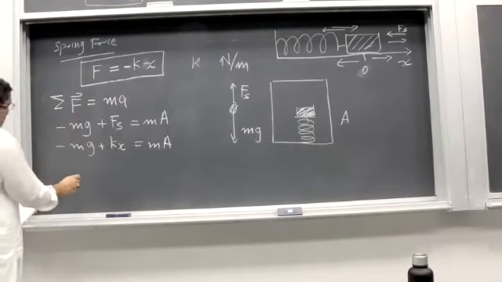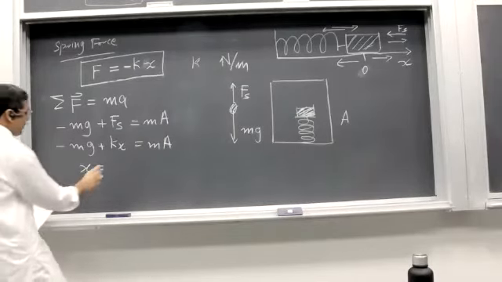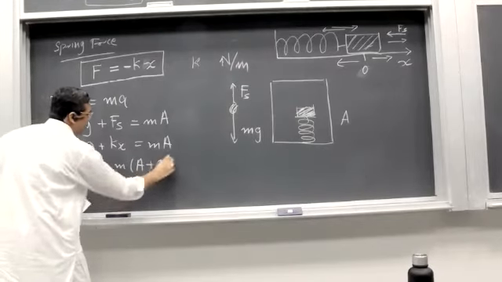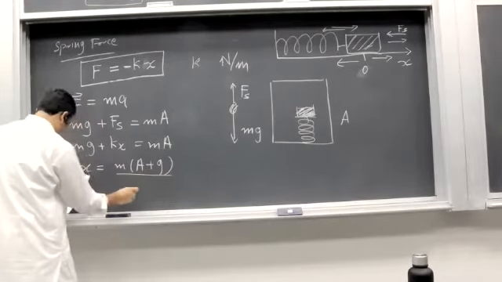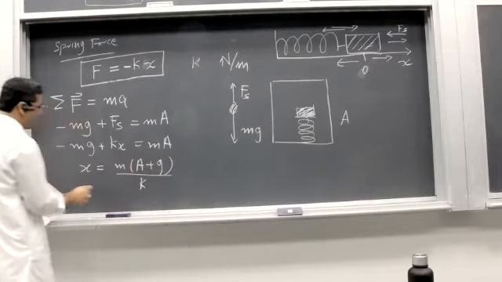And the displacement from the mean position would be simply m(a plus g) over k. But I shortened it.